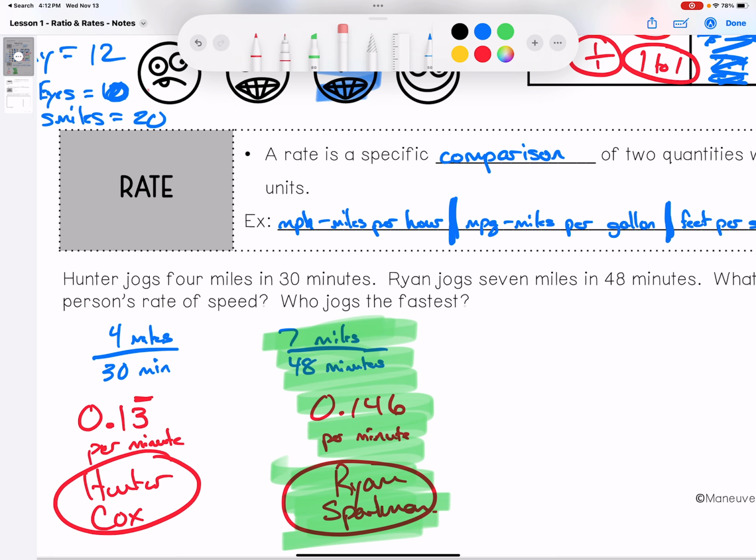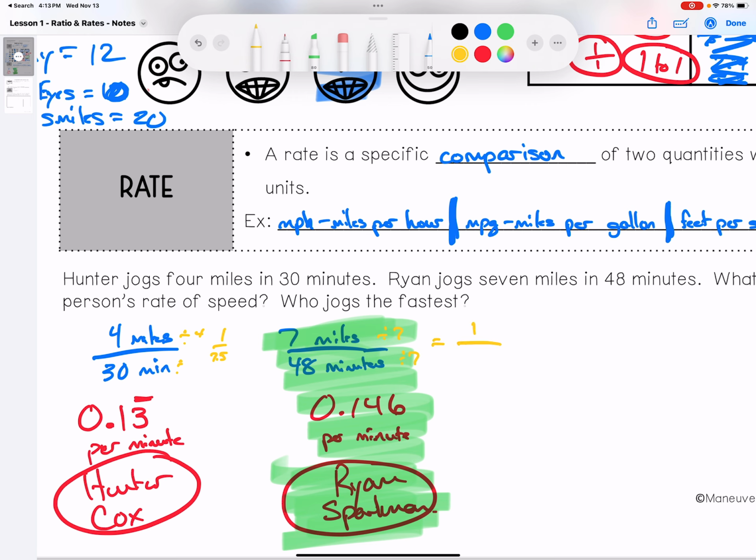Some of you are thinking, well, I could have just divided both by 4 right here. I'm about to show you in yellow, right? And I could have gotten 1 over 7.5, but that is 1 mile per 7.5 minutes. I wanted to know how many miles per minute. But you could have got them both into 1, so you could have divided this by 7.